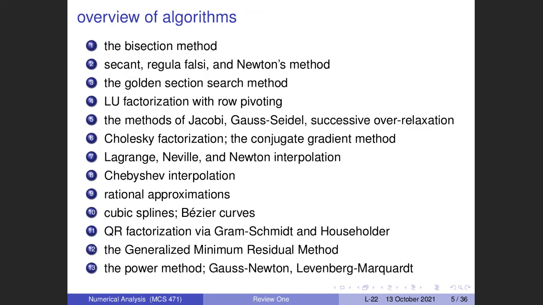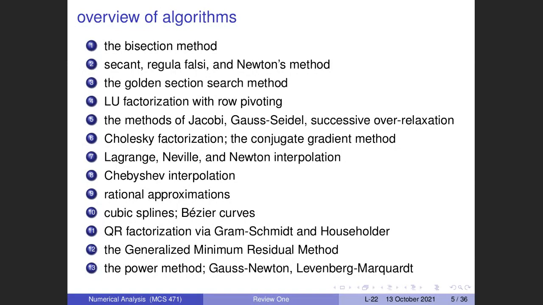All right, so here is a little bit more exhaustive overview. You could see that we have seen many algorithms. Numerical analysis is the study of algorithms for continuous problems. We have seen root finding: the bisection method, then the secant method, the regula falsi, which combines bisection and secant, and then Newton's method if you can do derivatives.